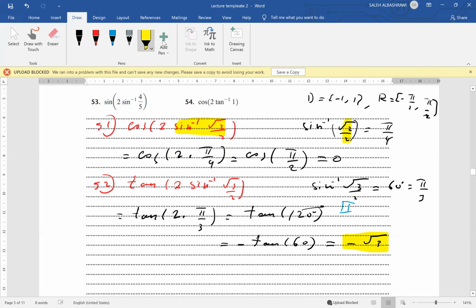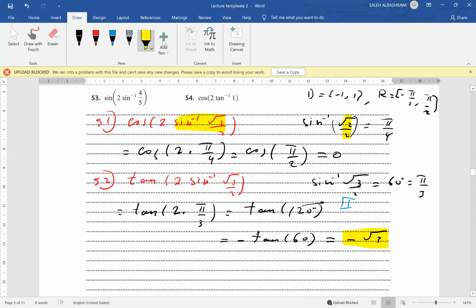Next, I will start with 54, then I will leave 53 to the end. Number 54: cosine of 2 tangent inverse of 1. Now tangent inverse of 1 is equal to 45.